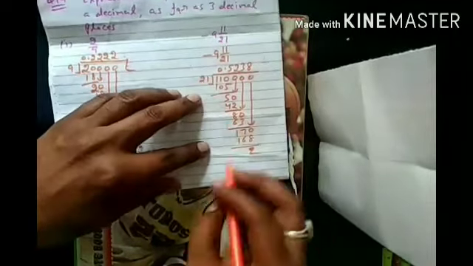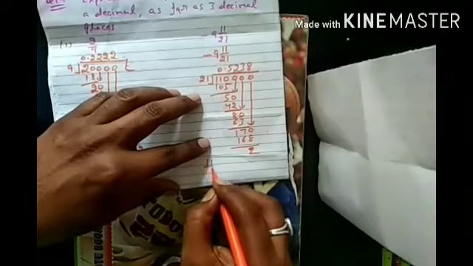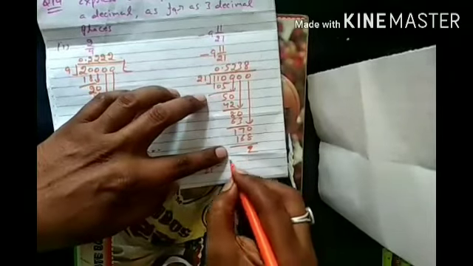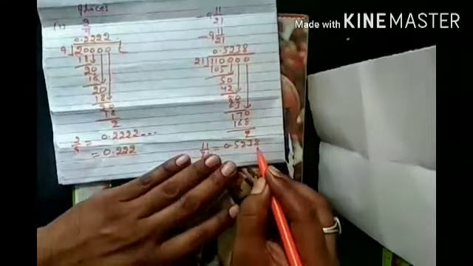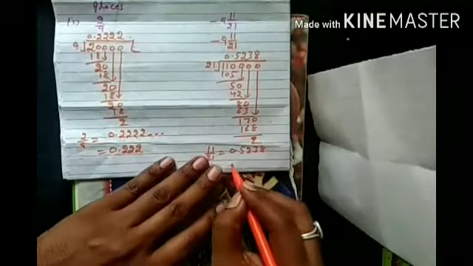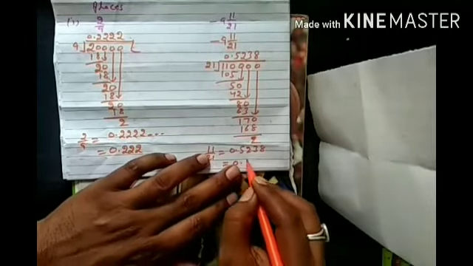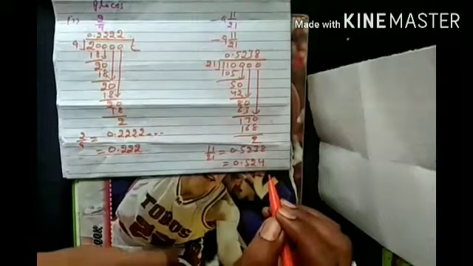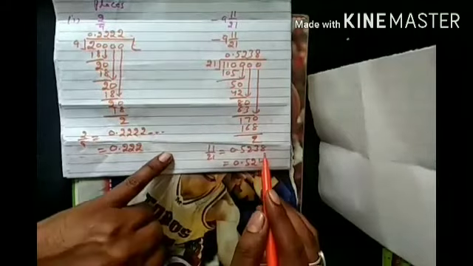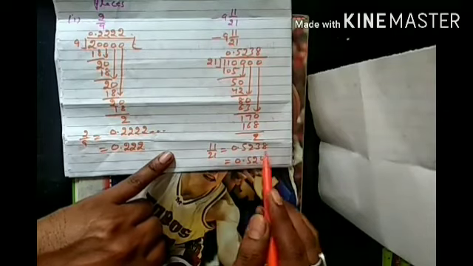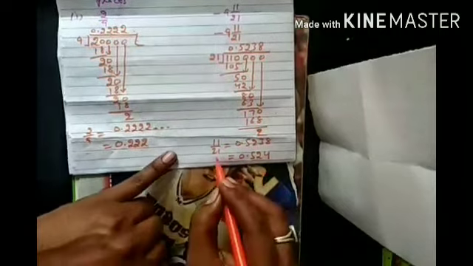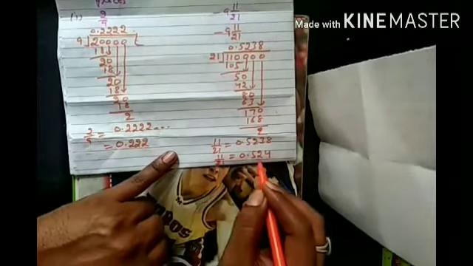So 11 by 21 is equal to 0.5238. Now the 4th place digit is more than 5, so it can be written as 0.524. Clear? Because it is more than 5, we increase the digit on its left side by 1. So 11 by 21 is equal to 0.524.